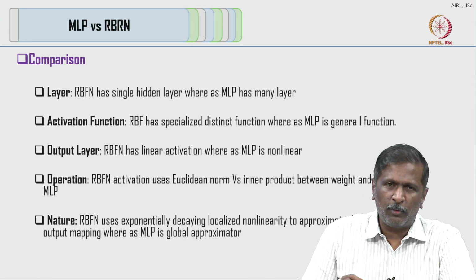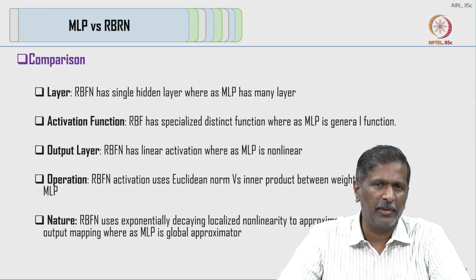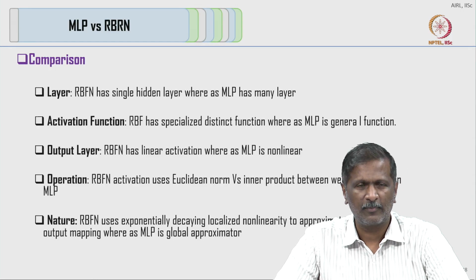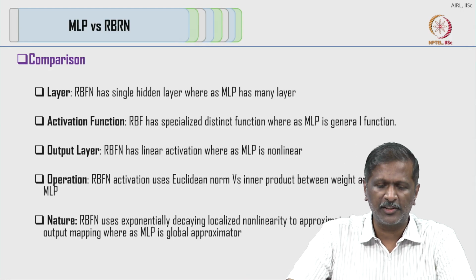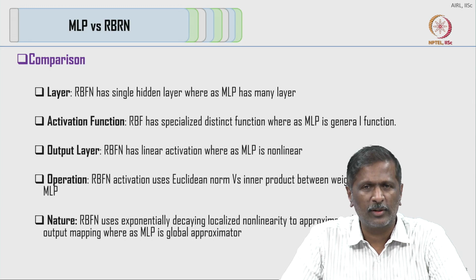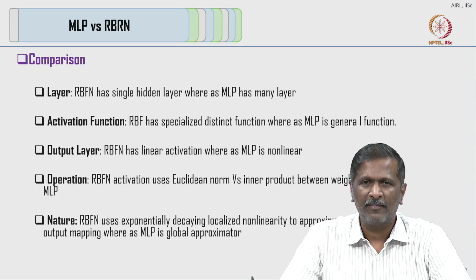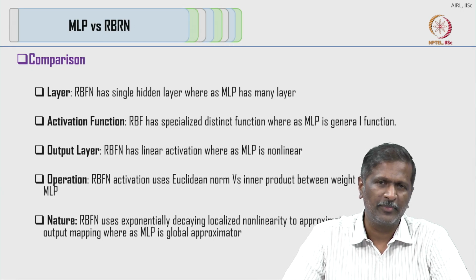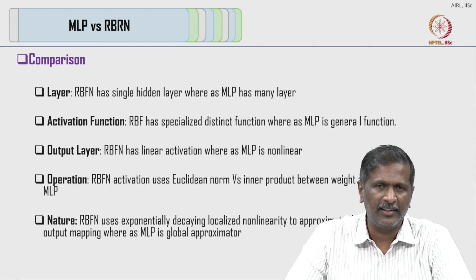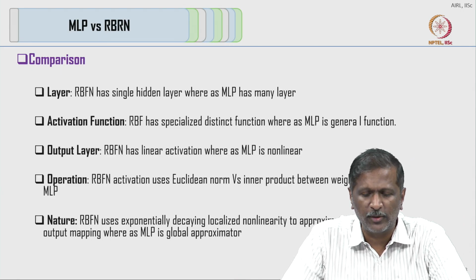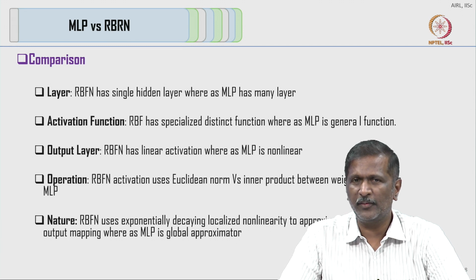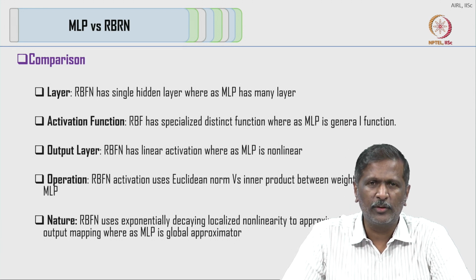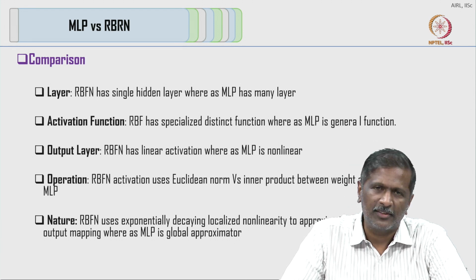Okay. Now, what is the activation function used in RBF? Locally tuned. We saw a different type of activation function one can employ, which has locally tuned characteristics. When the input sample is closer to the center, it gives a maximum output. When it is moving away from the center, the output exponentially decays to 0. Whereas in a multilayer perceptron, you can use any general function.